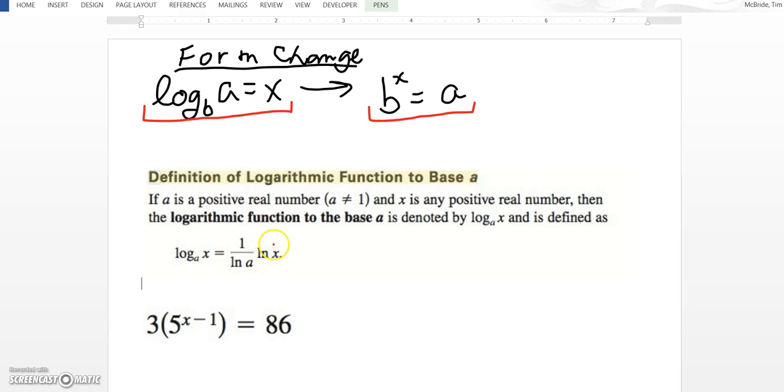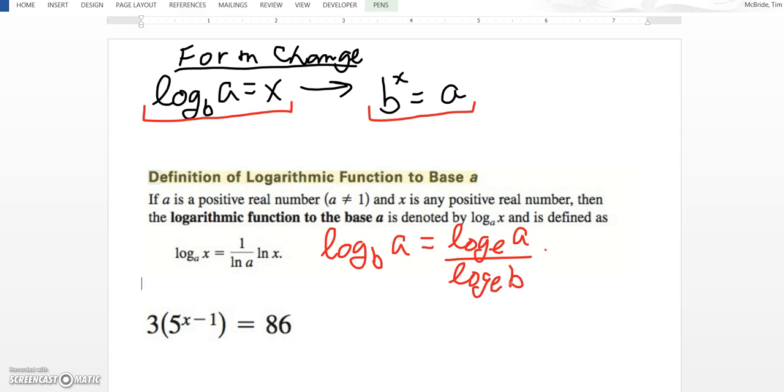Another thing that we'll need is what is referred to in other textbooks as the change of base formula. If you have log base b of a and you want to change it to some other base, in this case the natural log, it would be log base e of a over log base e of b, or natural log of a over the natural log of b.